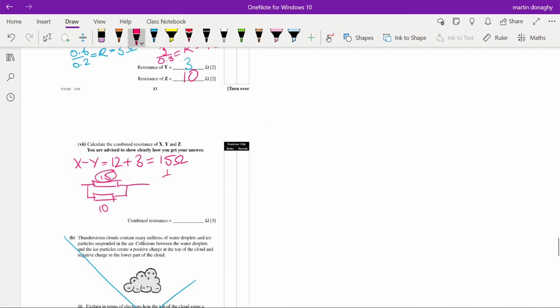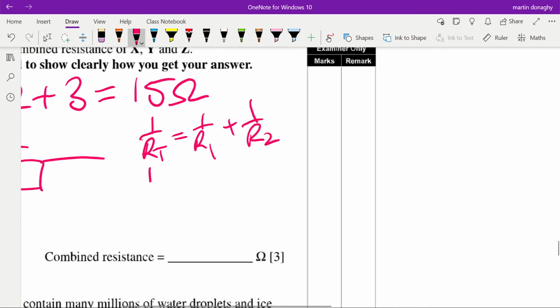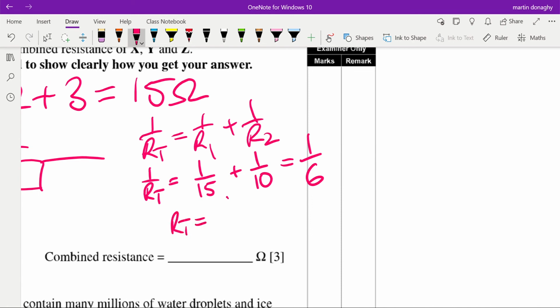They're in parallel, so we need to do 1 over RT equals 1 over R1 plus 1 over R2. 1 over RT equals 1 over 15 plus 1 over 10, which will be 25 over 150. Just check that. And it gives us 1 over 6. So we have to remember to turn that back around to give us 6 ohms.